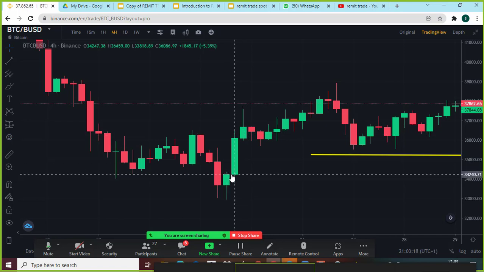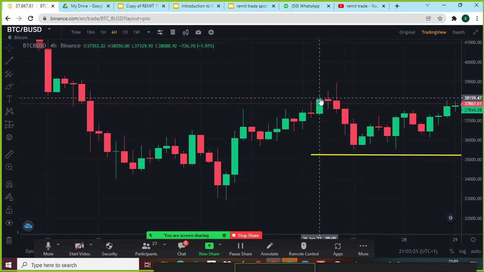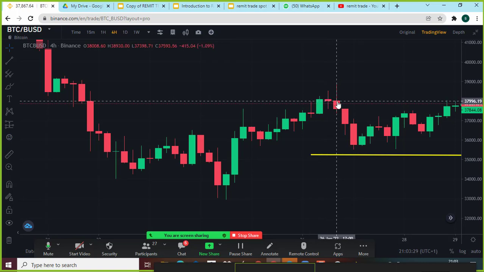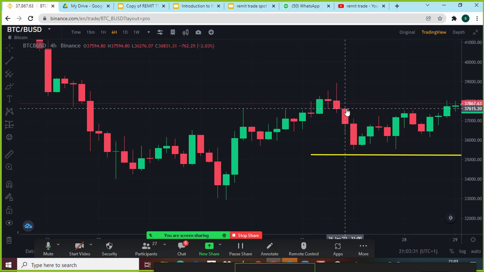When the market opens lower and closes higher, it is called a bullish candle. If you look at this, the market opens here and closes down, this one opens here and closes down. So when a candlestick opens higher and closes lower, it is called a bearish candle.